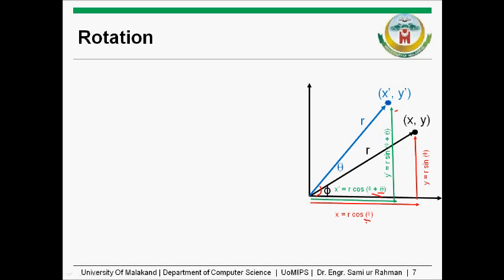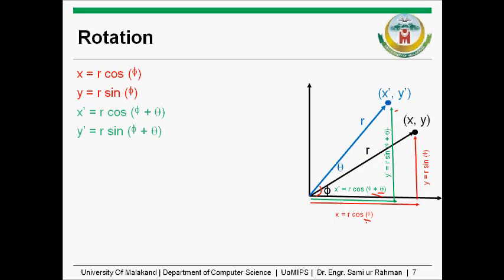What we are interested in is defining a matrix for rotation, because for translation it was a very easy matrix, but we want to know whether we can formulate this rotation with some simple representation. This is our objective. We already know that the x component for this r vector is equal to r cos phi, and for y it is r sin phi.